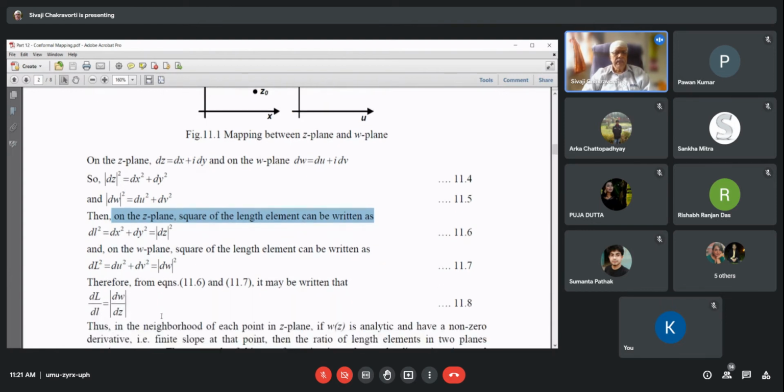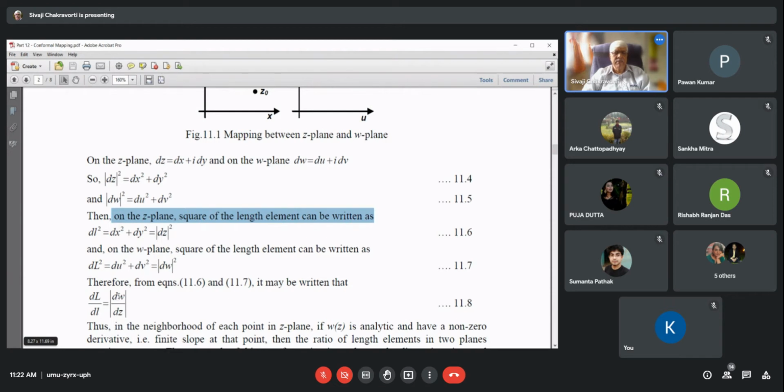Therefore, if I know this, then I can say that dL by dl, that means the derivative of the length element on the W plane with respect to the length element on the Z plane, becomes dw by dz. Now remember, W is the complex variable function.